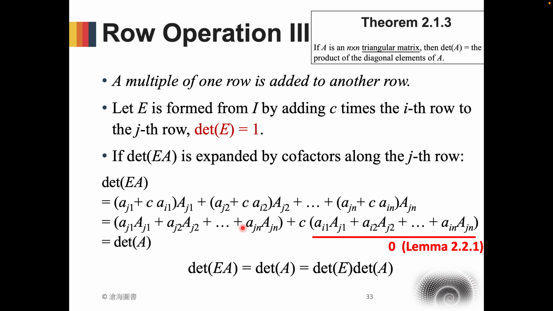So the result here is actually equal to the determinant of A. So we know the determinant of EA is equal to the determinant of A. And this is equal to determinant E times determinant A.